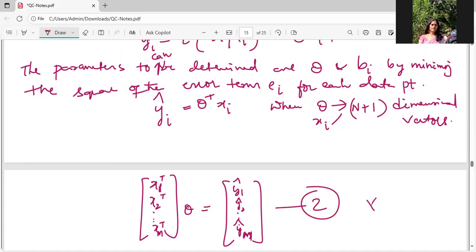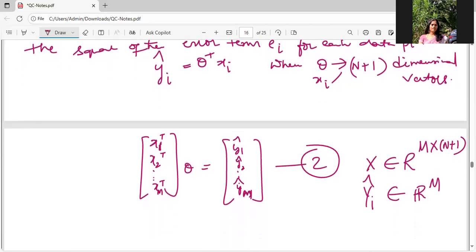Then capital X belongs to R^(m×(n+1)), because theta and xi are n plus 1 dimensional vectors, and the prediction vector ŷ would belong to R^m. Okay, because theta transpose xi would make a matrix, right? So hence I rewrite this as X theta is equal to Ŷ.